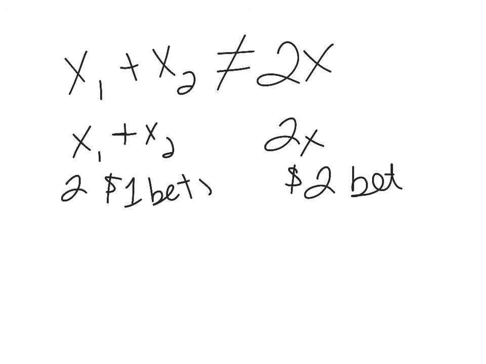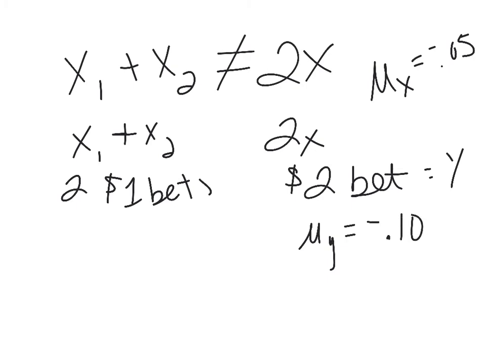Remember, my mean of X, my average, was losing 5 cents. So the expected value for both of these would be a loss of 10 cents.